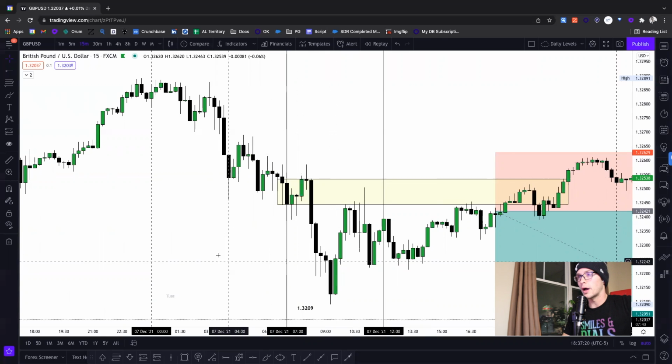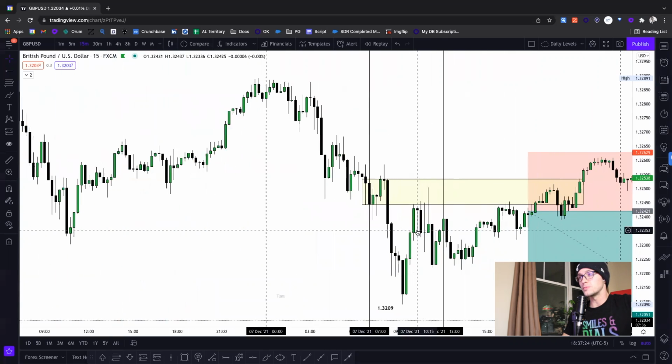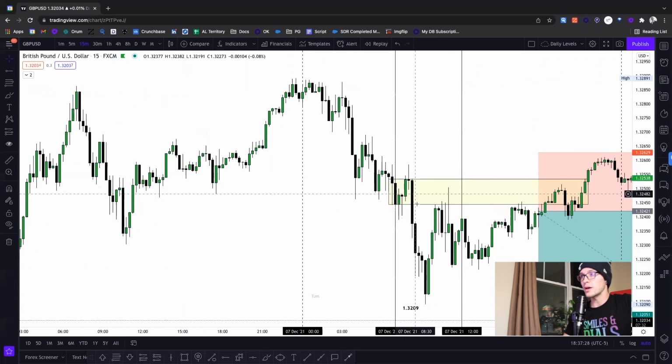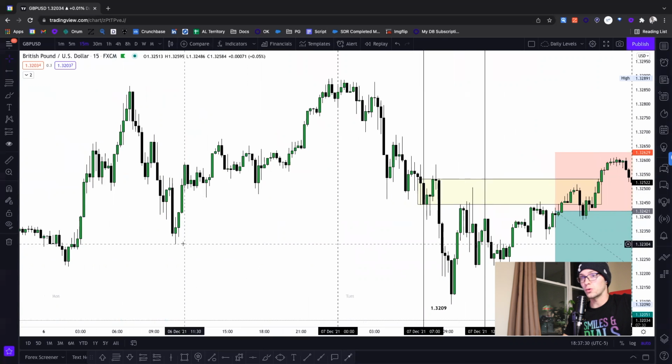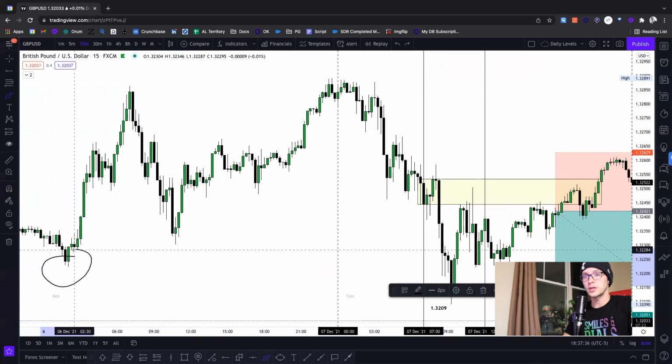Sorry about that. So there's some more liquidity to be taken after we break down right here. So when we have that move in the beginning of New York and we take sell side liquidity, we take it from here, those lows, and then we also take it from these lows here.